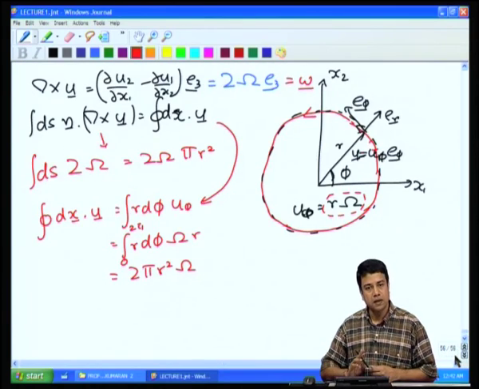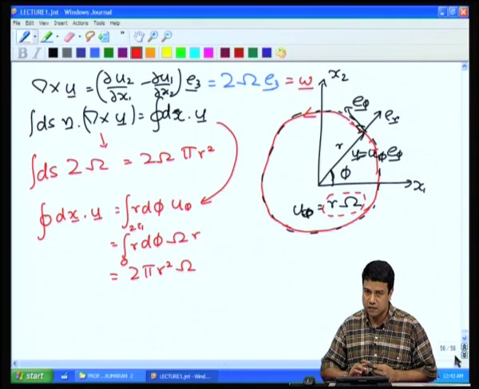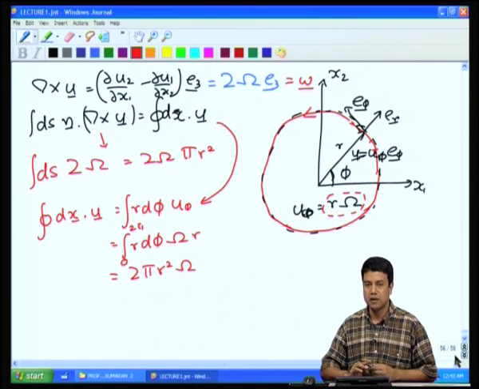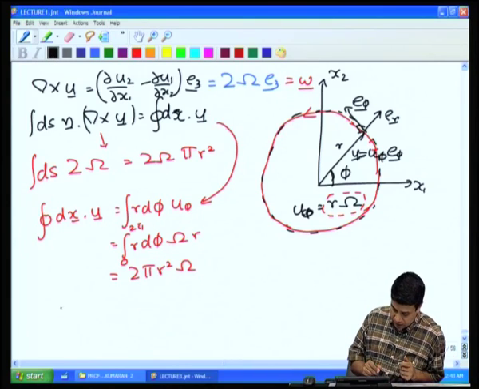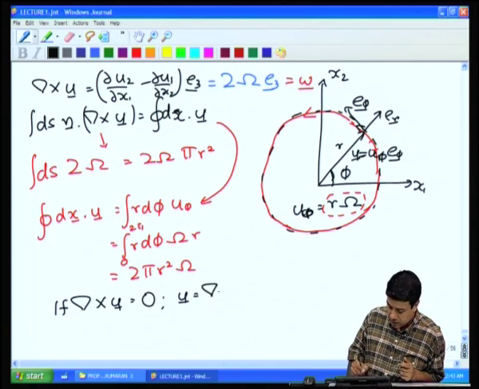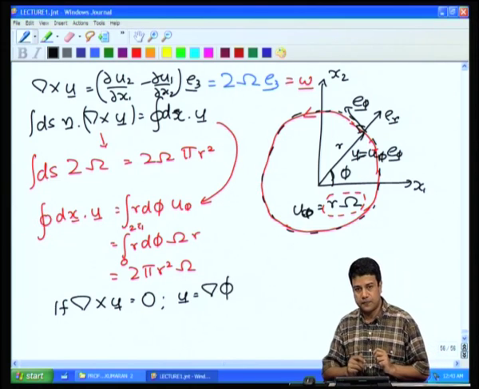If the curl of the velocity field is equal to 0, I told you in the previous lecture that if the curl of any vector is equal to 0, that vector can always be represented as the gradient of a scalar function. So, if the flow is irrotational, so that the curl of the velocity field is equal to 0, that means that if del cross u is equal to 0, then u can always be written as the gradient of some scalar function.